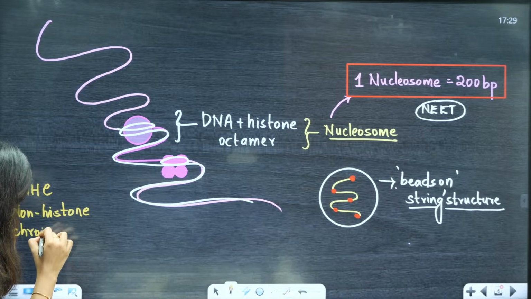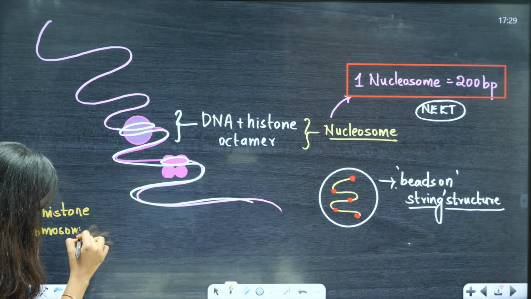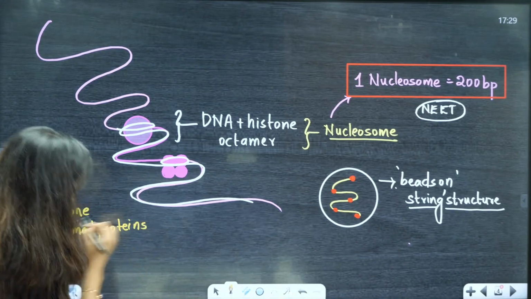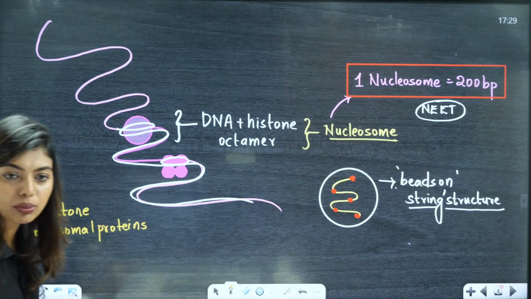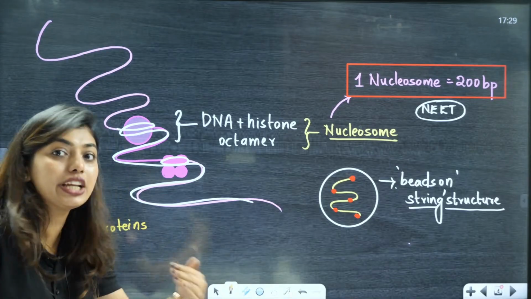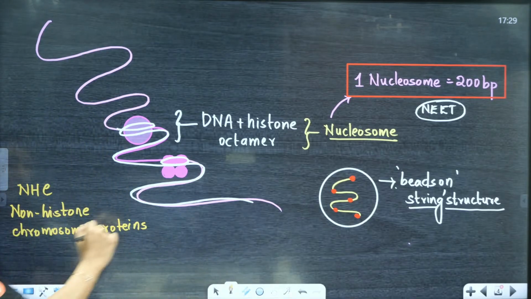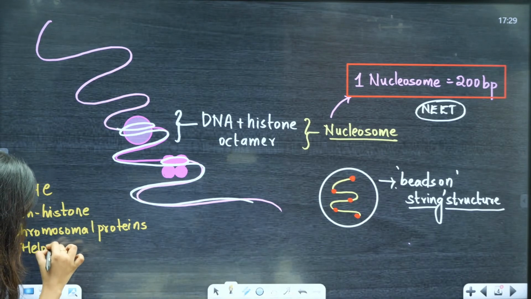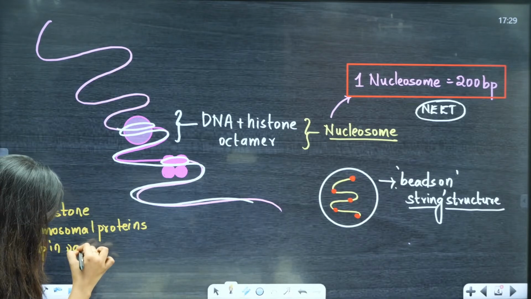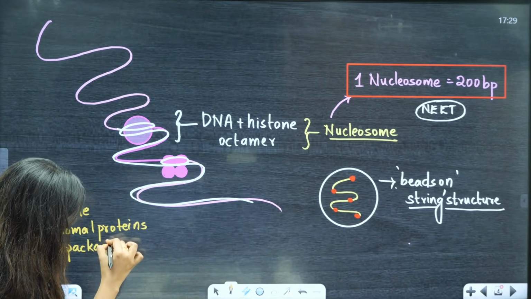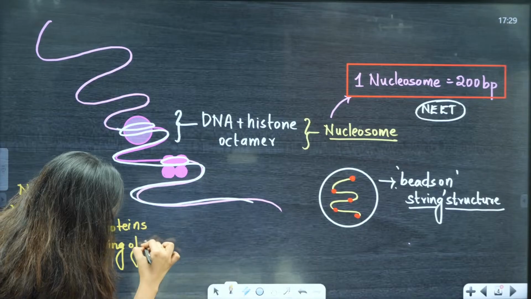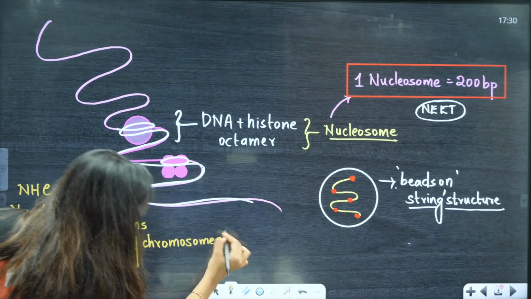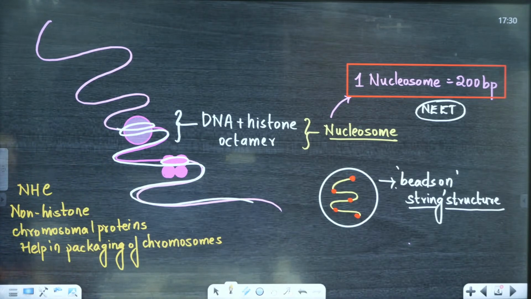These non-histone chromosomal proteins are going to help us for that additional help. So non-histone chromosomal proteins help in packaging of chromosomes in higher organisms.